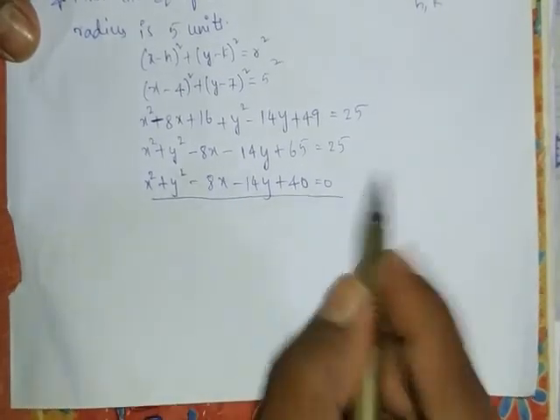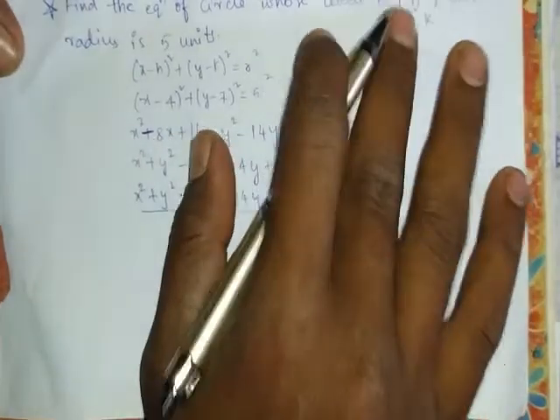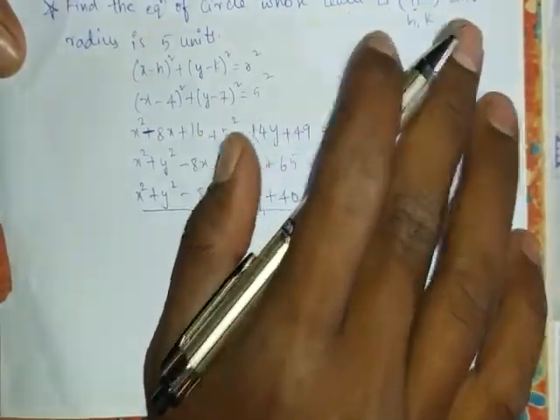This is the equation of the circle whose center is at 4, 7 and radius is 5 units.